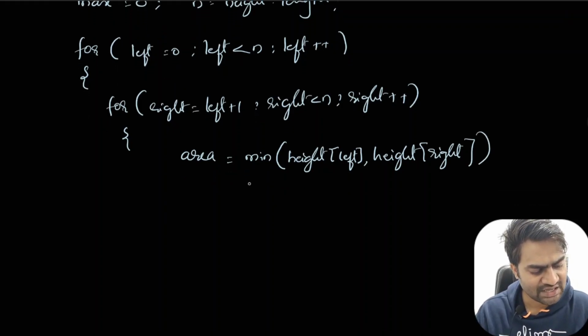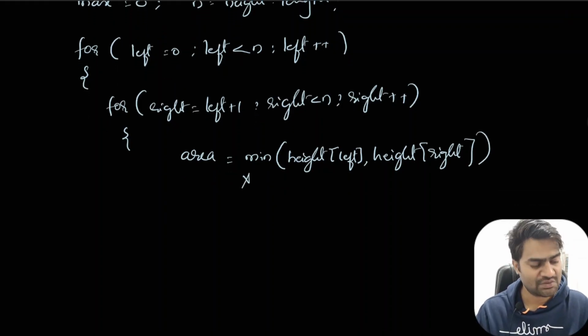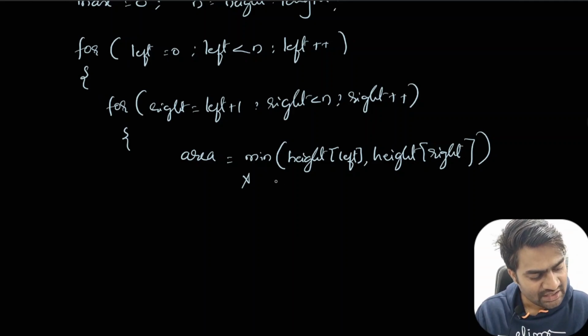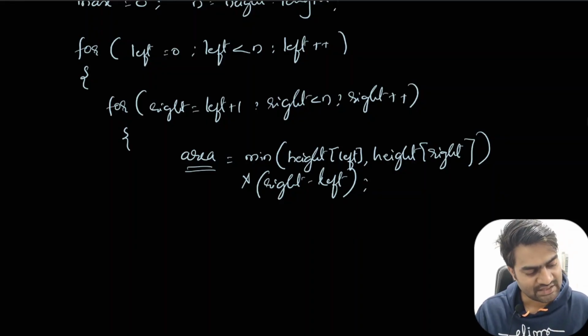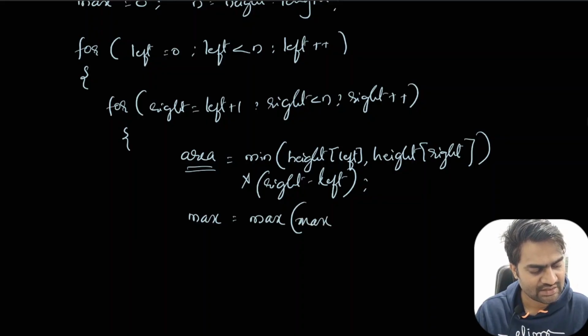Then I will simply write below into then what I need, right minus left, correct, right? This gives us the distance between both the lines. Then we get the area from this. Now I will simply update my max with max of this max.